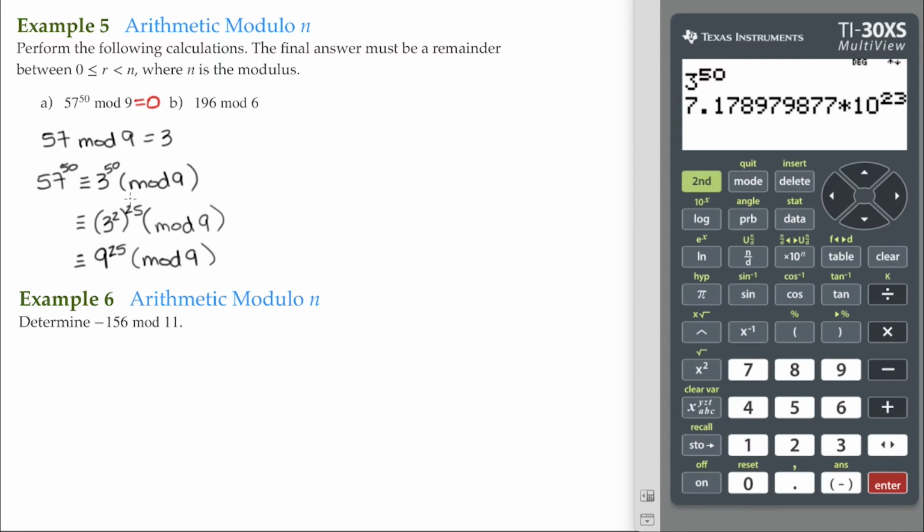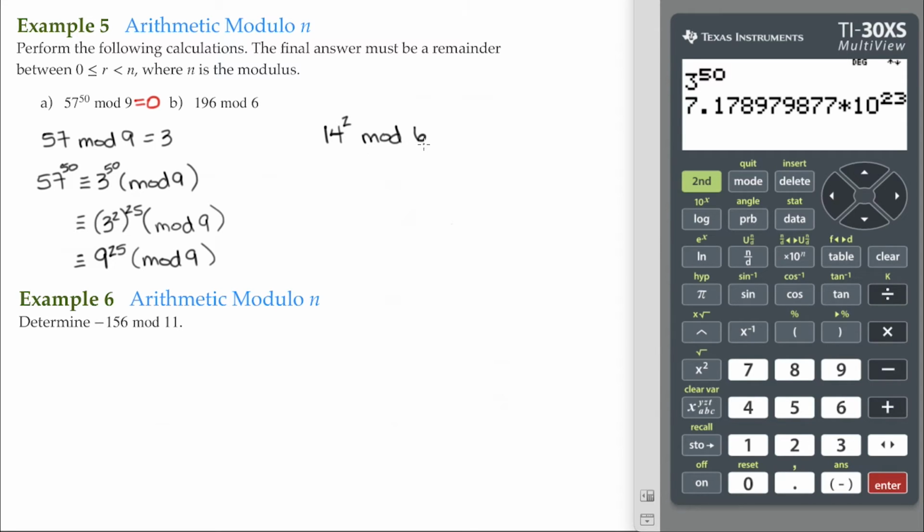Here we have 196 mod 6. 196, if you recognize it, that's 14 squared. So we could say 14 squared mod 6, similar to the 21 plus 96 mod 4 that we were doing earlier.